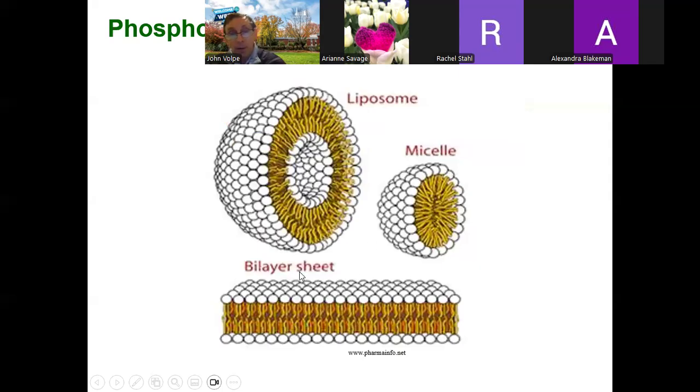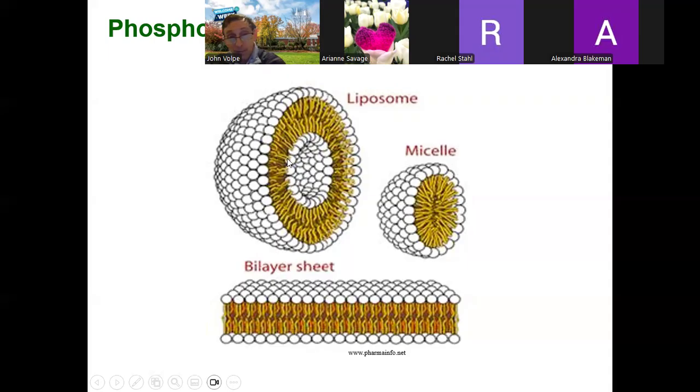And although you first get the phospholipids showing like this when you put them in water, they will actually bend around and come like this, or maybe like that. And this one is important because on the inside we have water. Facing the water, we have one layer of phospholipid, the heads.